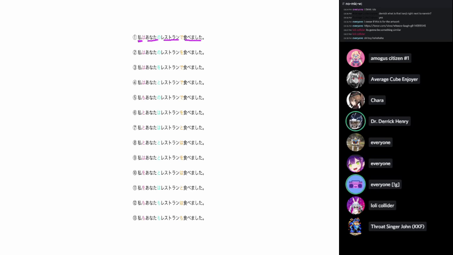But if we picked a random sentence, like say sentence number 9, it is watashi wa anata to restaurant o tabemashita, which is me with you, the restaurant ate. So I ate the restaurant with you.